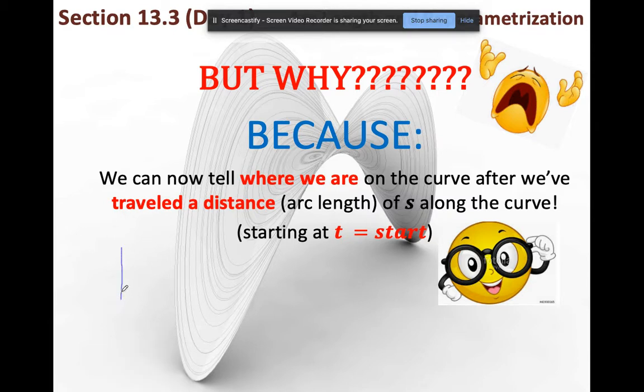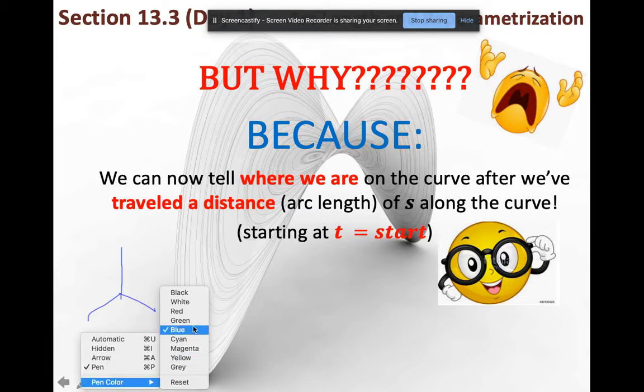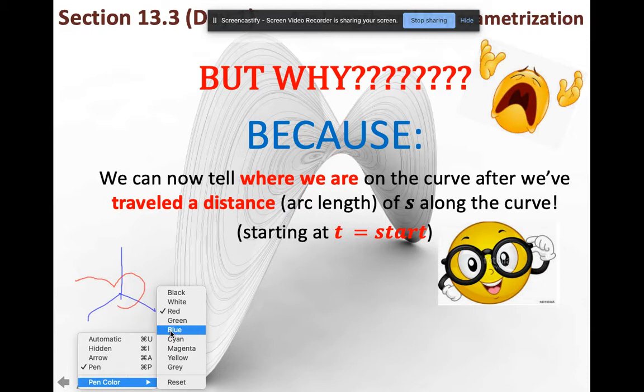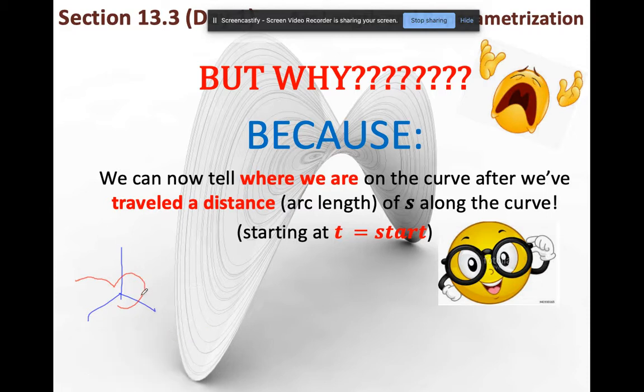well, let's say I had some ridiculous graph, and I'm completely making this up. Let's say I have some curve that looks like that. And let's say at time 0, I'm here, and at time 2 pi, I'm over here.